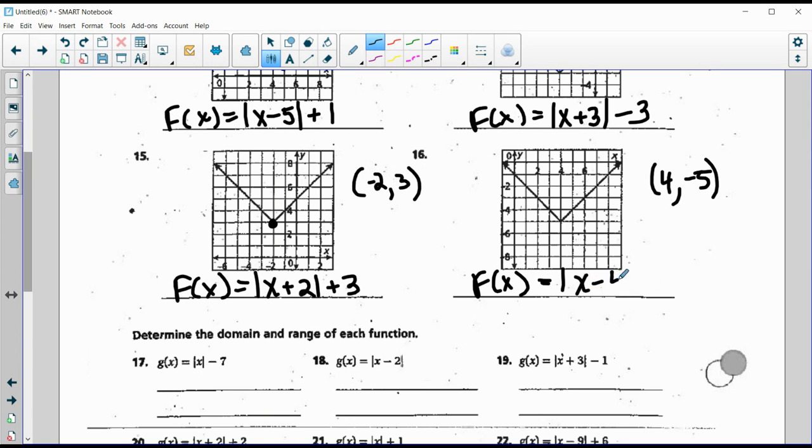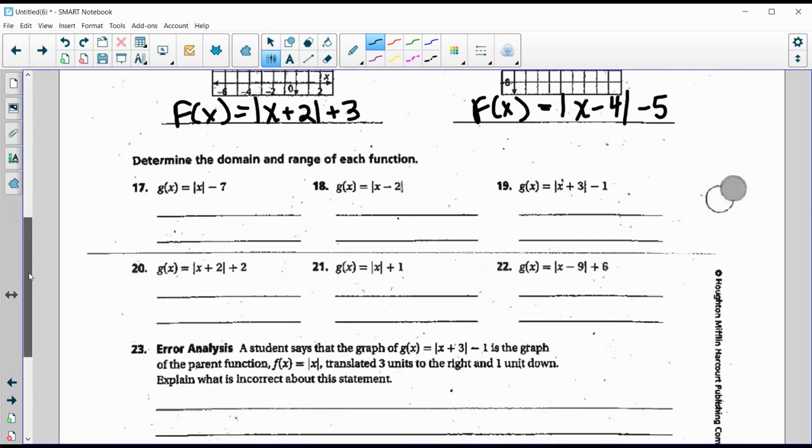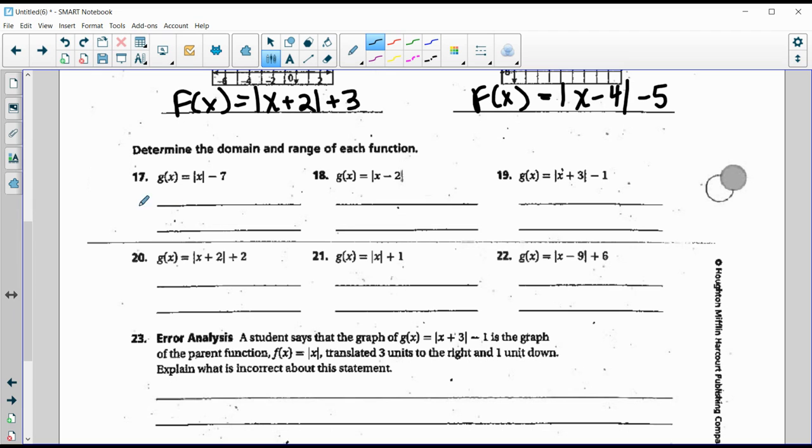Outside is k. So this last section here, we need to do the domain and range. So the good part is domain is always all real numbers because these graphs get infinitely wide. All x values will be represented. For the range, we're going to use the value of k.